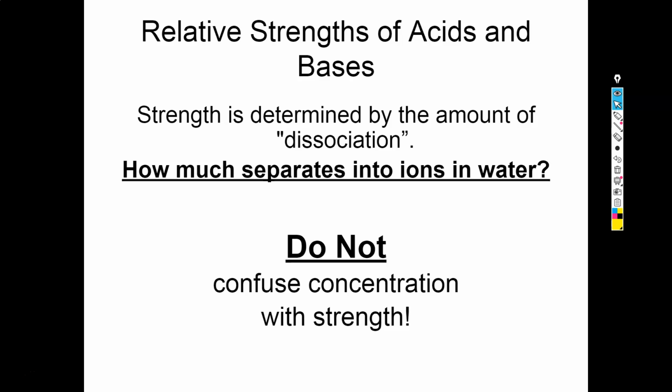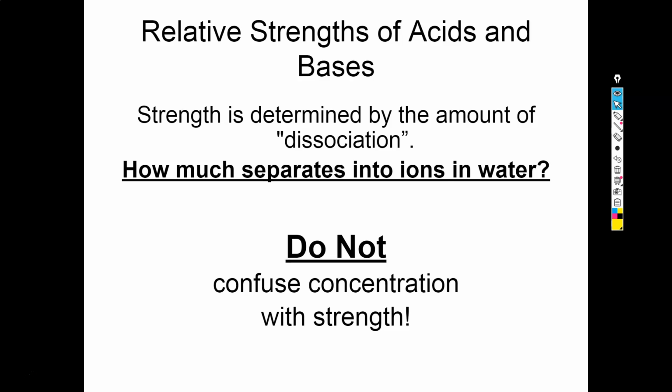However, when we talk about the strength of an acid, we are saying something completely different. We are asking how much it separates into ions. In other words, how much does it dissociate? So these are two different things.